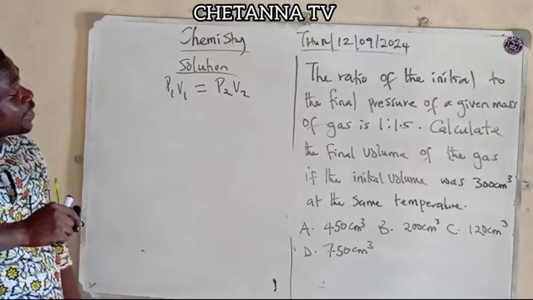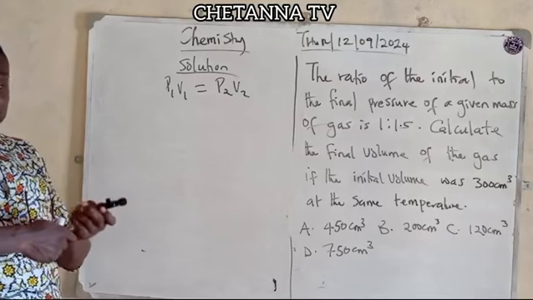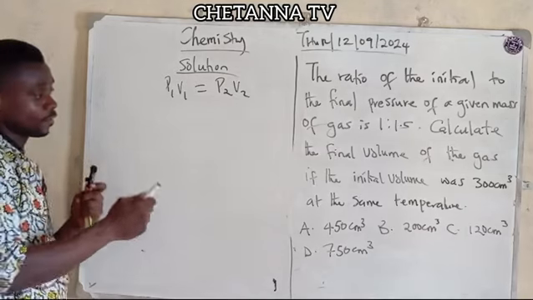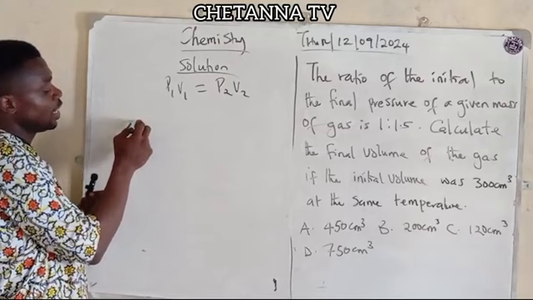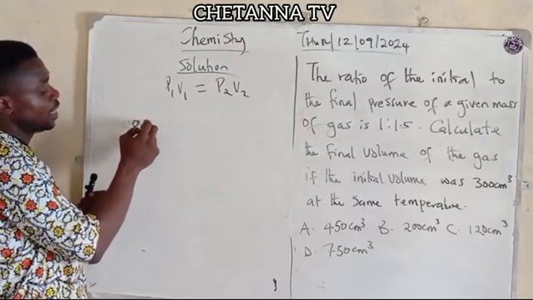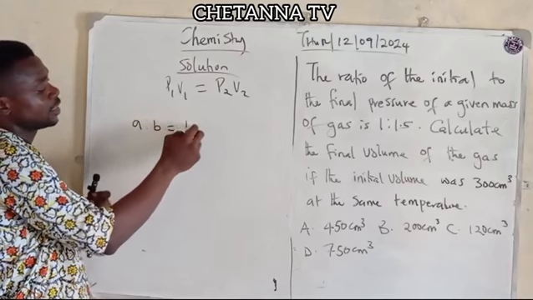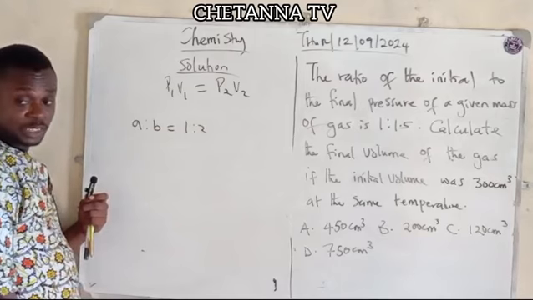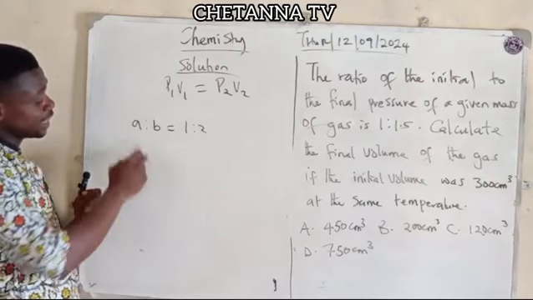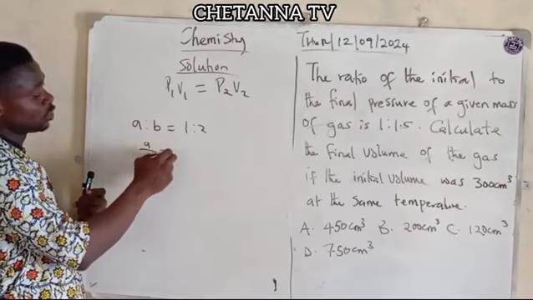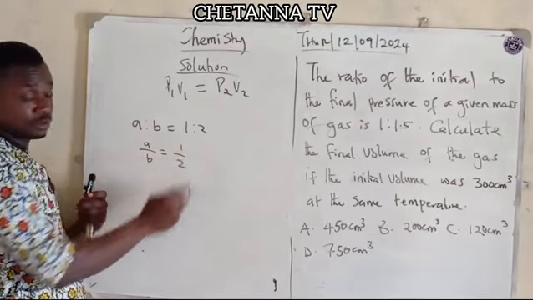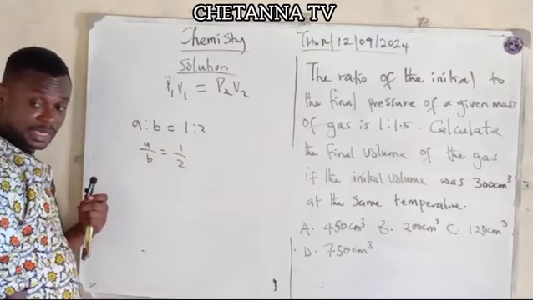If they say the ratio of A to B is equal to 1:2, do you know what it means? It means that A over B is equal to what? 1/2. Is it clear?